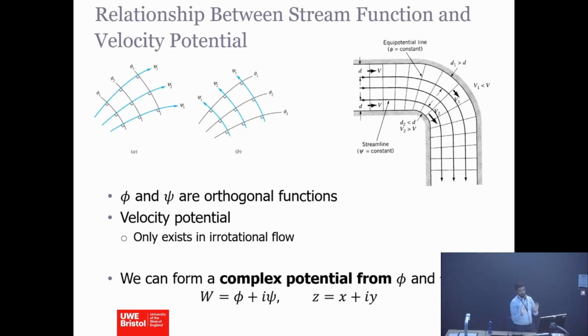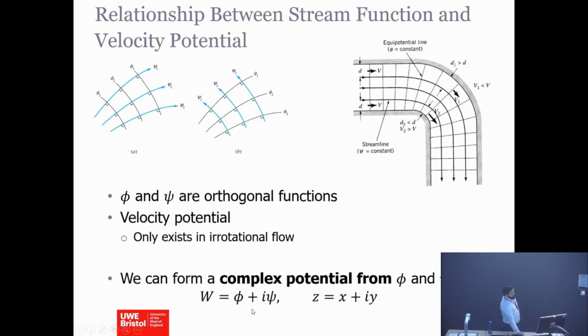Is everyone clear about that? So stream function psi is more generalized than the velocity potential phi. Phi only exists in irrotational flows. The stream function exists all the time because it's always related to streamlines.